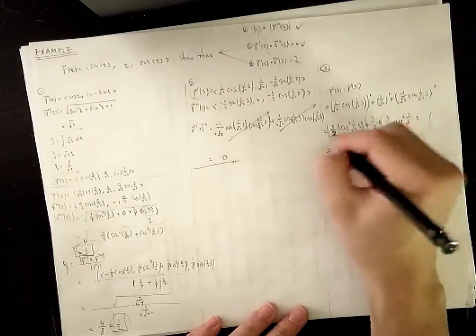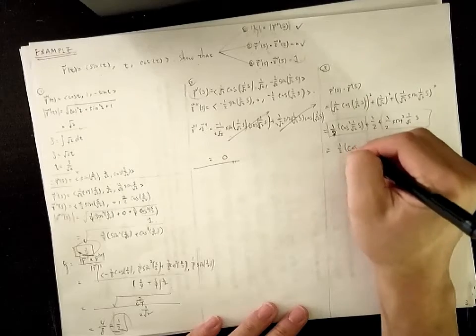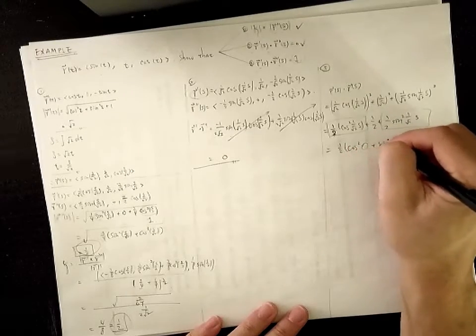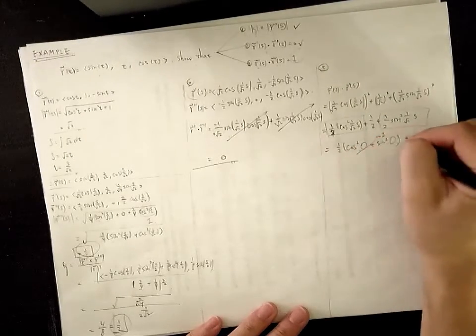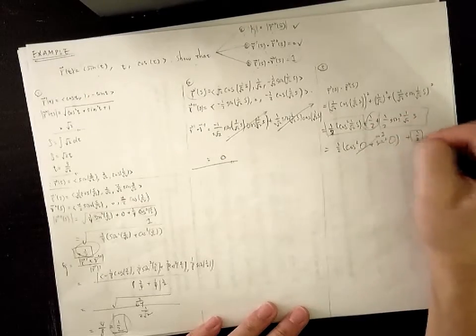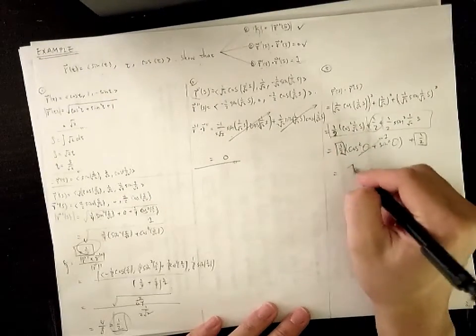We know how to do this. We take it out, we get cosine squared something plus sine squared something, and this makes it 1, plus the leftovers, 1/2 plus 1/2 equals 1.